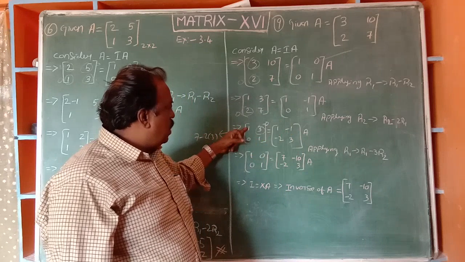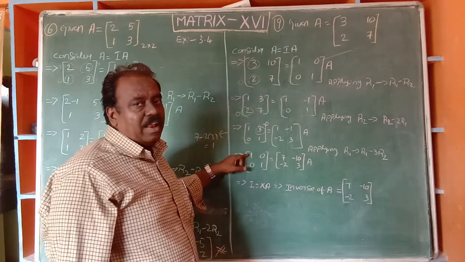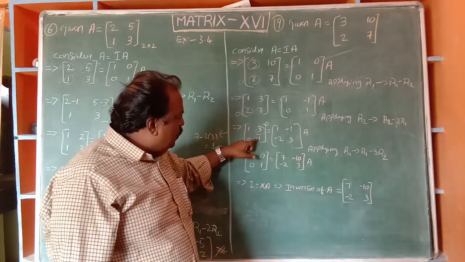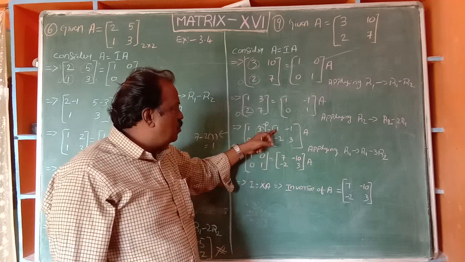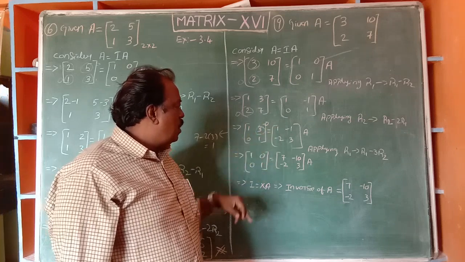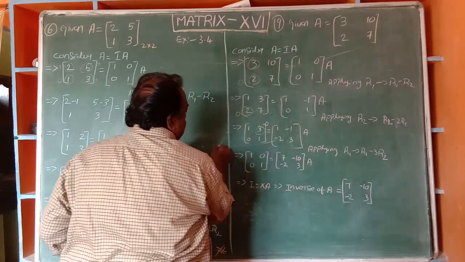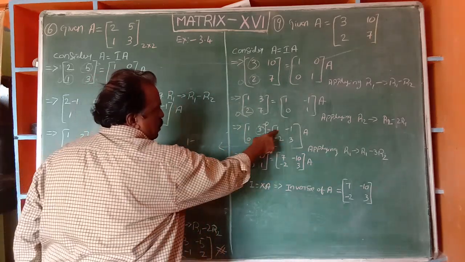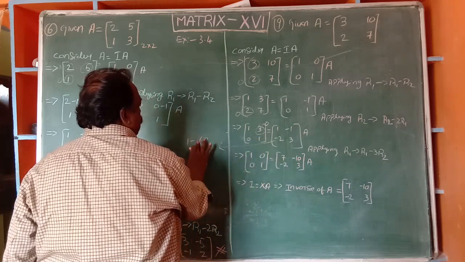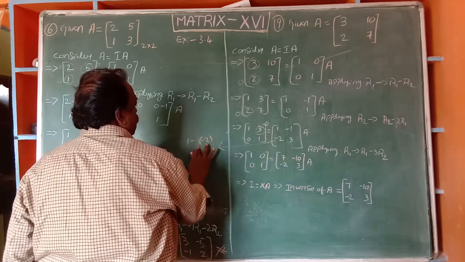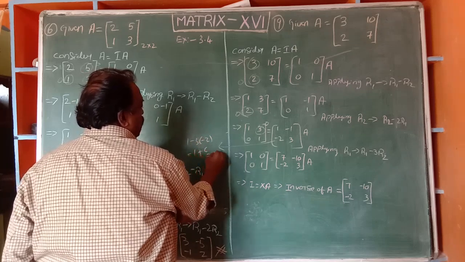So, 1 minus 3 into 0, 1 minus 0, 1. 3 minus 3 into 1, 3 minus 3 is 0. And it is as it is. Here also the same thing is done. Be careful. I am writing here. You see, 1 minus 3 into minus 2. 3 into minus 2, how much is it? 1 plus 6 is 7.